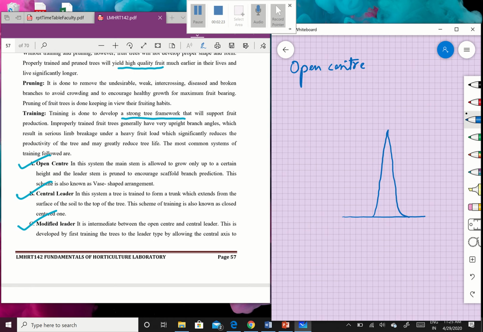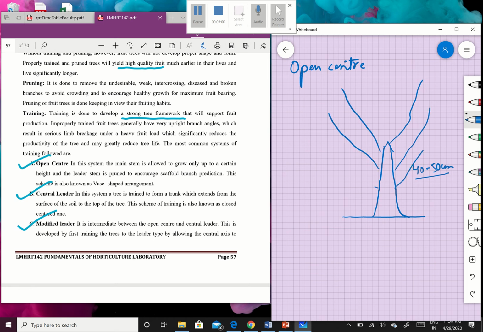When the tree attains a height of 40 to 50 centimeters, it is beheaded, meaning we remove the terminal portion, the head. From this portion new branches will come.